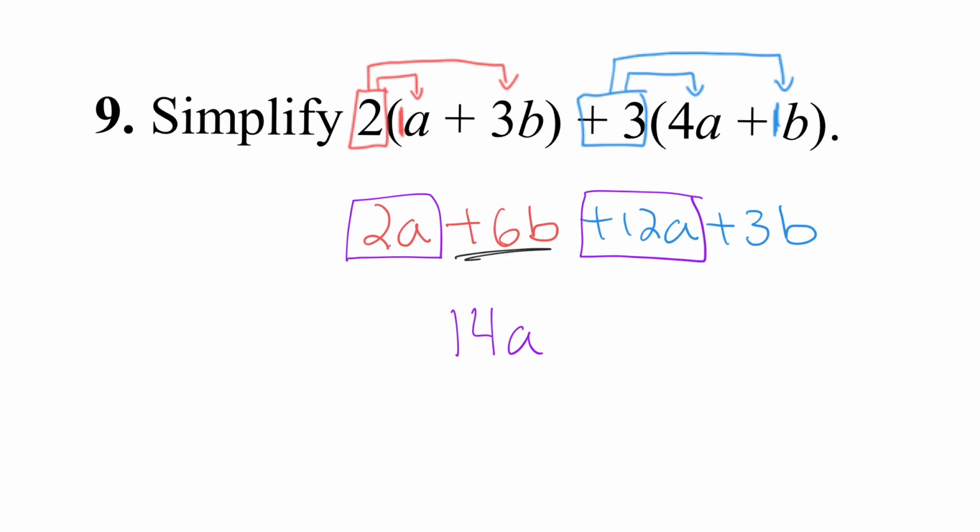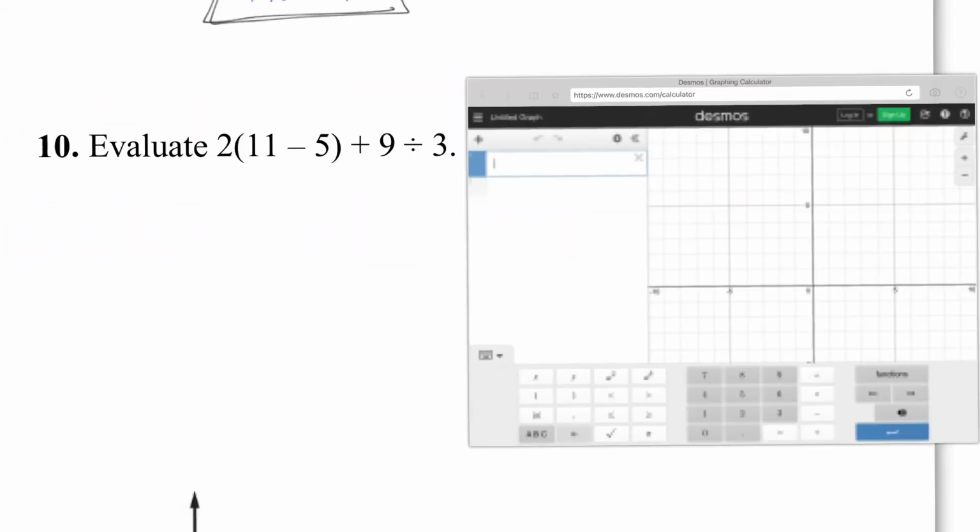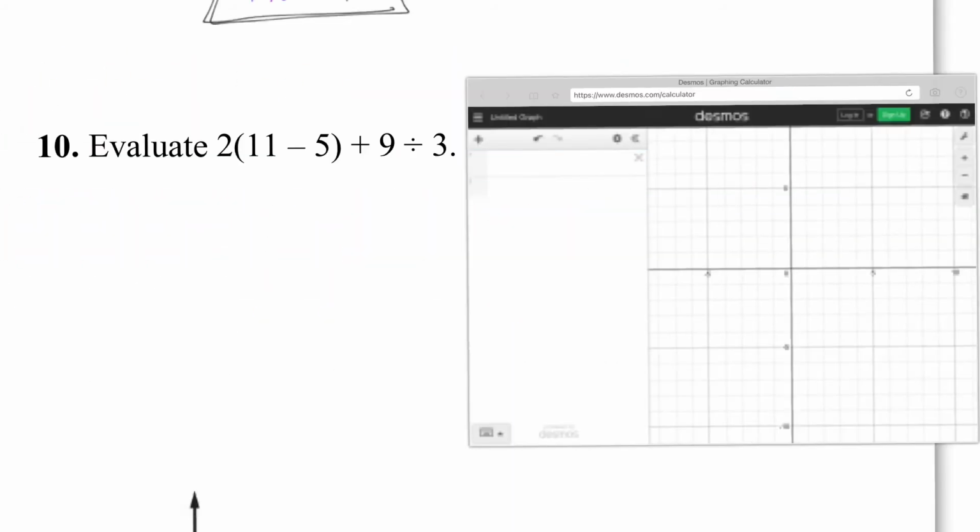And the b's, you have a 6b and a 3b. 6 plus 3 will be 9. And keep the same variable, b. So 14a plus 9b. Number 10, you guys have to evaluate. Now these don't have any variables. So that means we have to multiply, divide, subtract, and add.